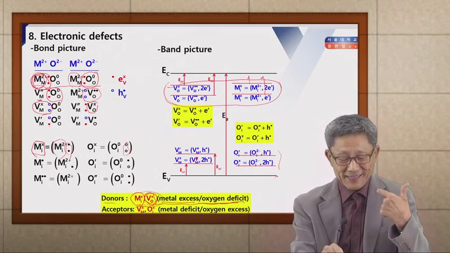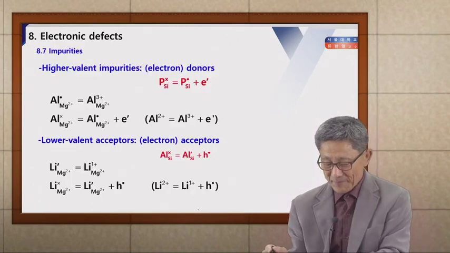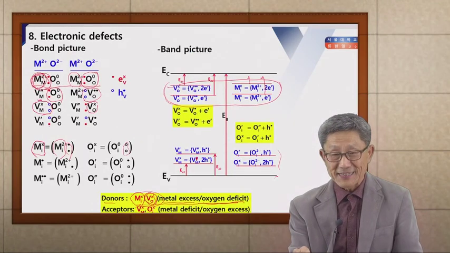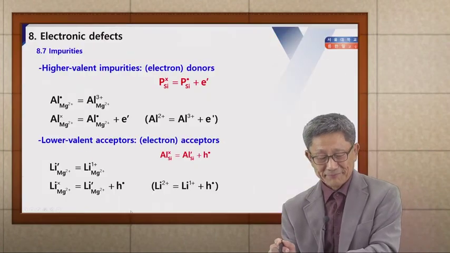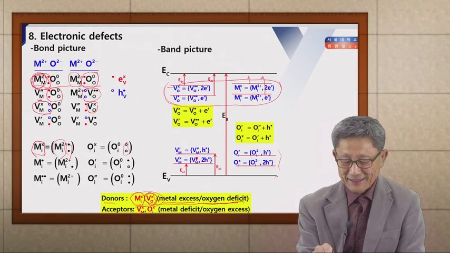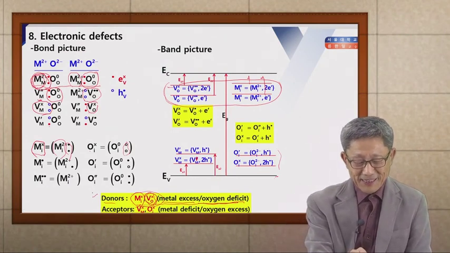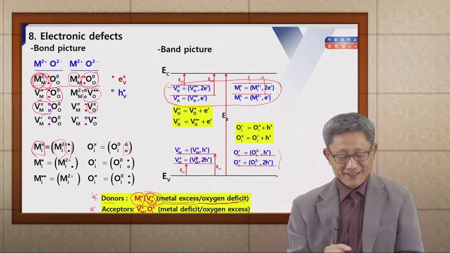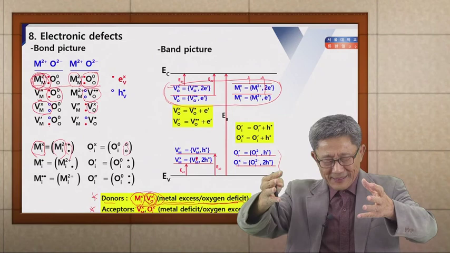And the opposite case corresponds to the metal deficit and the oxygen excess case. See, metal deficit, I'm sorry, and the oxygen excess. So don't forget this fact. Always metal excess, because metal is all electron donors, okay?